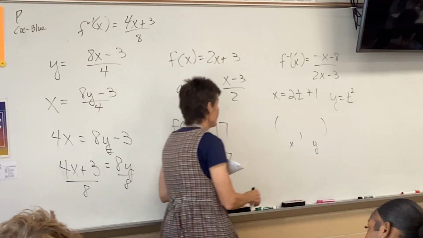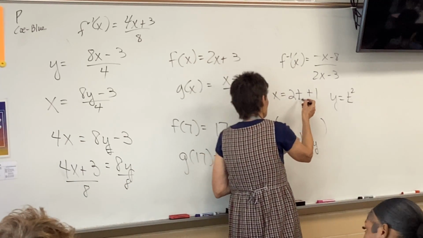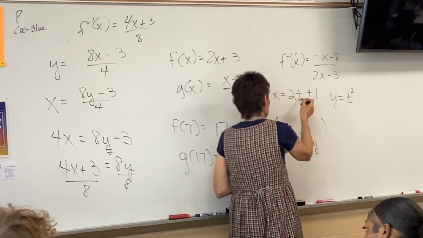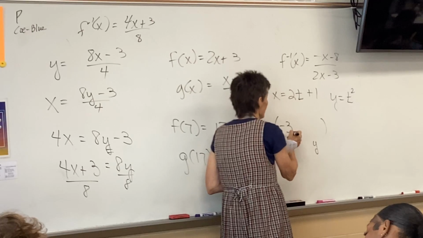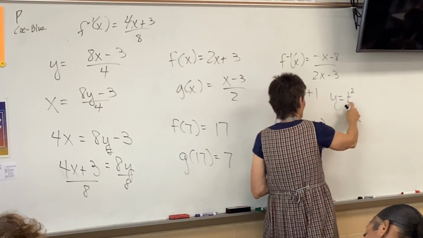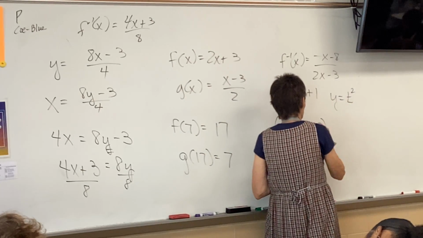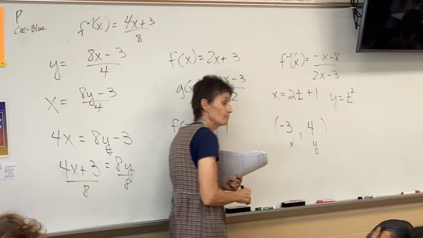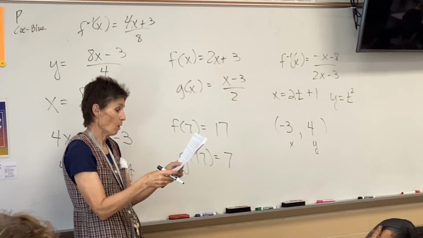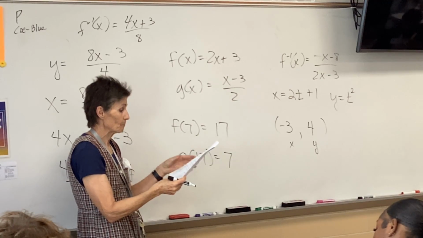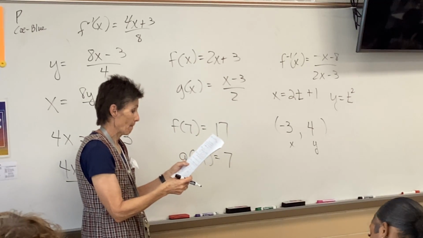So negative 2 plugged in for x would give me negative 3. And then negative 2 plugged in here would give me 4. And that's it. That's the answer. My job was to find the ordered pair. Did it.